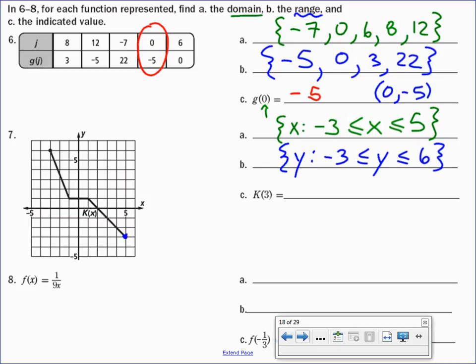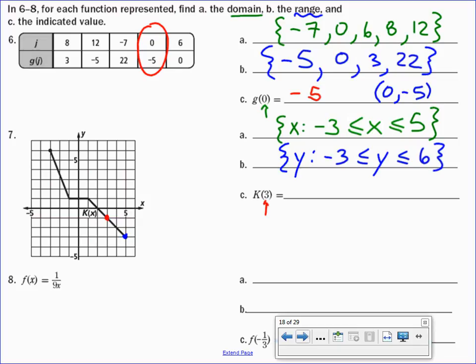You guys see? K of 3 asks for what function value, what k value, what output, what y coordinate is produced when my input, x value is 3. Those are saying go to my graph, hop on the graph of your math man, your math woman, and you're moving along it until you get to an input, an x value of 3. Where does that happen? Yes, right here.